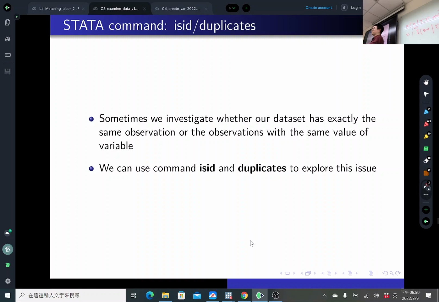That means the observations share the same values of characteristics in terms of all variables. Then, if there's no reason, you shouldn't keep them, because these observations do not give you extra information, since all the variables are the same. So you can use isid and duplicates to explore such issues.